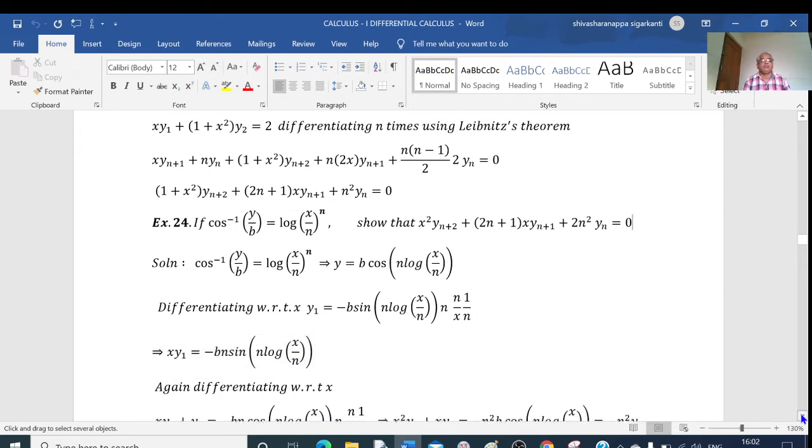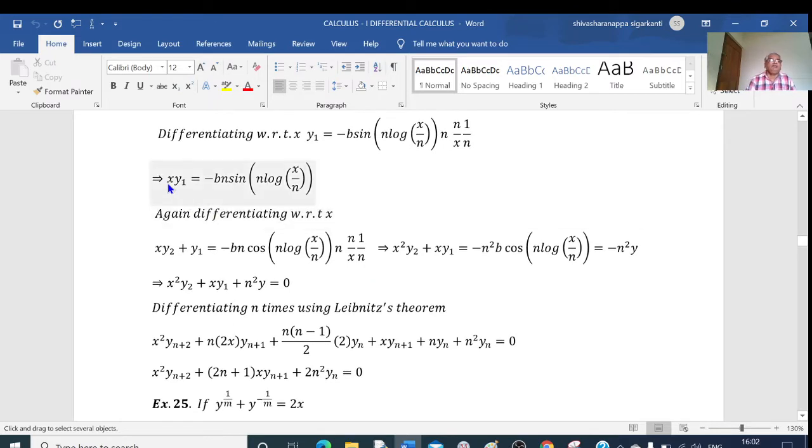Again differentiating this equation with respect to x. On the left hand side I have to apply the product rule. First function x into derivative of y1 is y2 plus second function y1, derivative of x is 1. Coming to the right hand side, minus bn as it is, constant quantity, derivative of sine is cos of n log x by n into the derivative of n log x by n, which is n constant as it is, derivative of log of x by n is 1 by x by n into 1 by n.